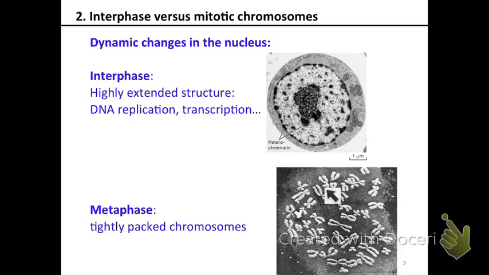During mitosis, the nuclear envelope breaks down, typically in many of the eukaryotes, and what you can see is these typical X-shaped structures that would come to your mind when you think of chromosome right away. But this type of structure is only in mitosis, where you can see these condensed chromosomes, okay? And at this stage, the chromosomes are tightly packed and individualized, so you can actually visualize them.